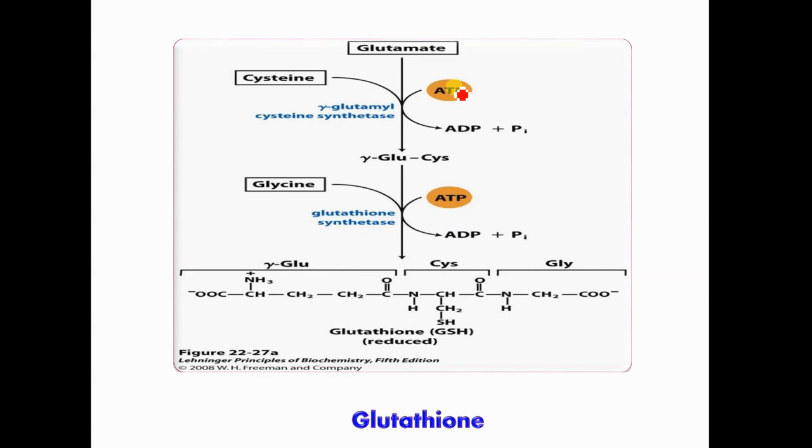It is an ATP-dependent enzyme and the energy will be provided by ATP. Next one, the gamma glutamyl cysteine will condense with the glycine and forms your glutathione by the enzyme glutathione synthetase. Again, this also depends on your ATP.